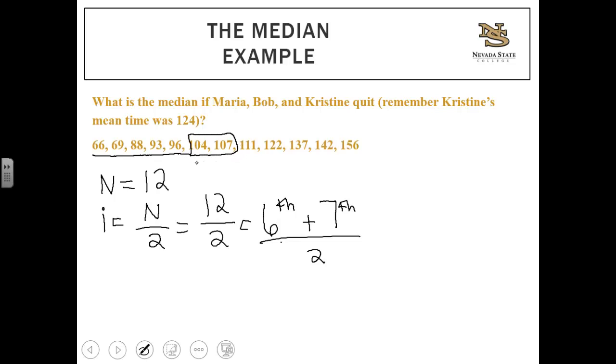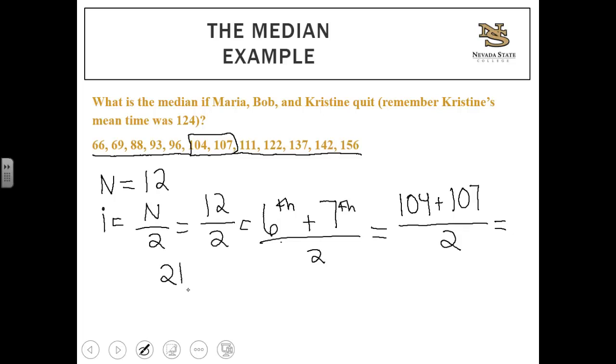If you go the other way, 1, 2, 3, 4, 5, 104 and 107 are the two scores that we want. So 104 plus 107 divided by 2. We end up with 211 divided by 2, and our median is 105.5.